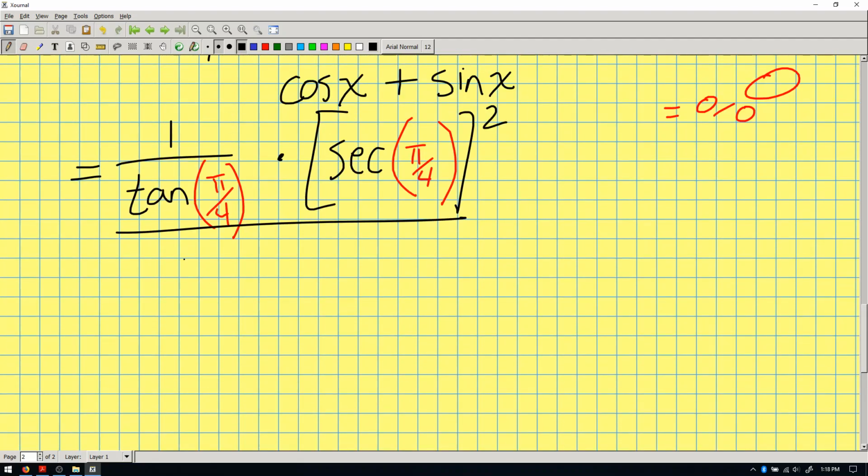And then on the bottom you've got cos of pi over 4 plus sine of pi over 4. Now what is tan pi over 4?